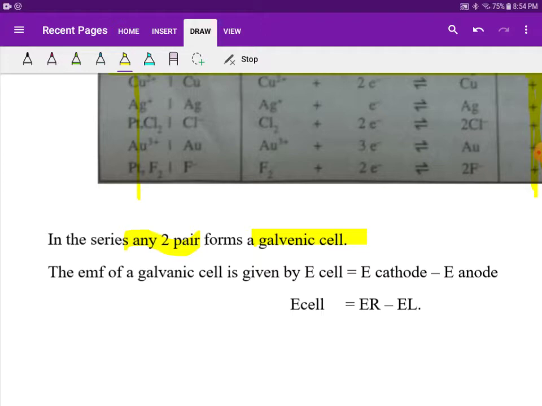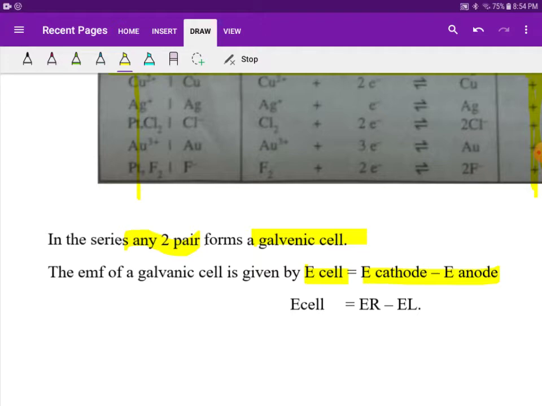The EMF of the galvanic cell, that is E cell, is equal to E cathode minus E anode. That is, the magnitude of the E cell given out by a particular cell depends on the difference between the cathode potential and the anode potential.